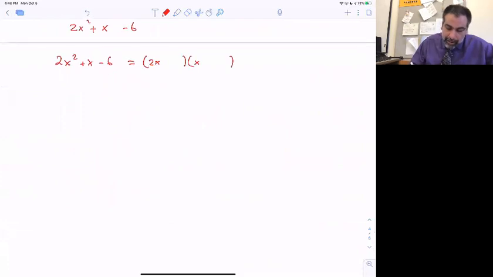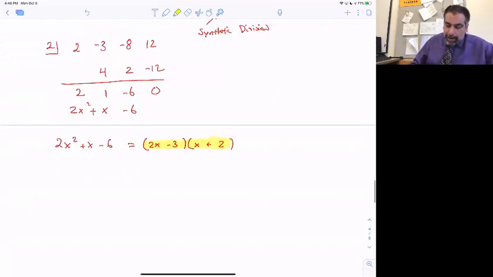So I'm going to use a factor of 2 here and a factor of -3 on this one, because the -3 times the 2 gets me -6. The 2x times x gets me 2x squared. So I am just going to double check this to make sure this works. So guessing and checking, the middle terms give me a -3x and a +4x, and that gives me the x I need. So these are the other factors we are looking for.